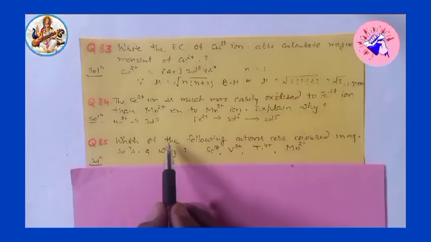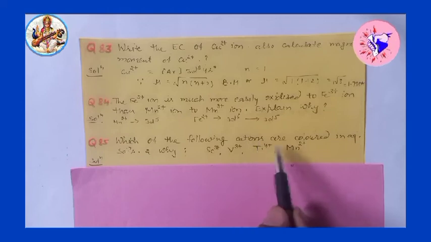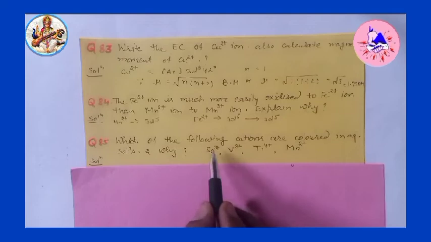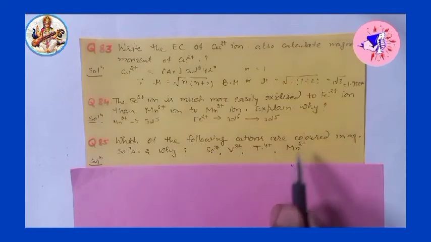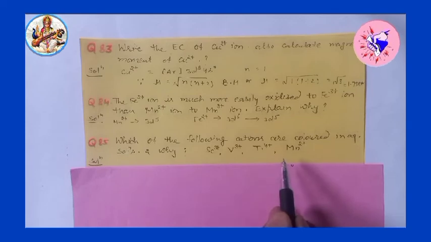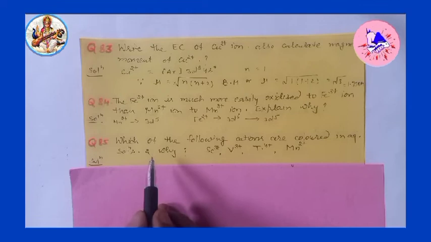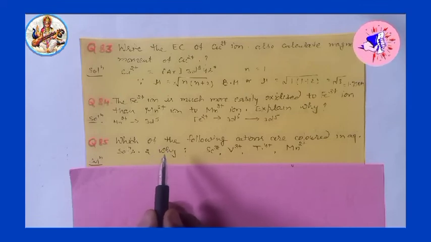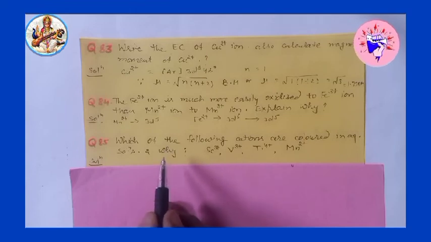Next, 85. Which of the following cations are colored in aqueous solutions and why? Scandium 3+, vanadium 3+, titanium 4+, manganese 2+. The answer: the color of cations depends on the number of unpaired electrons present in d orbitals.